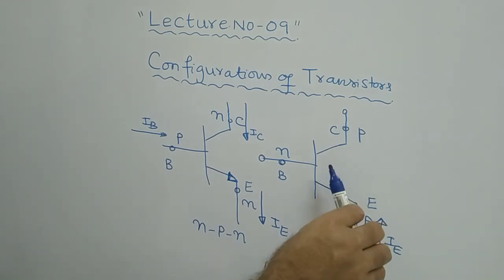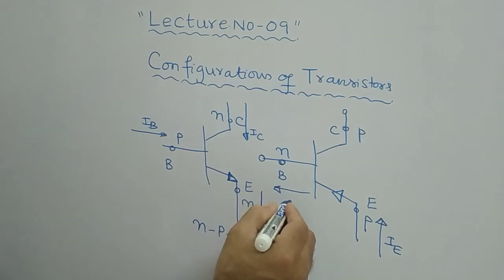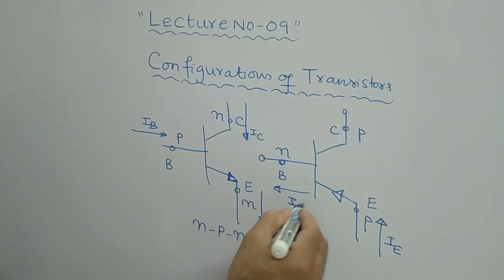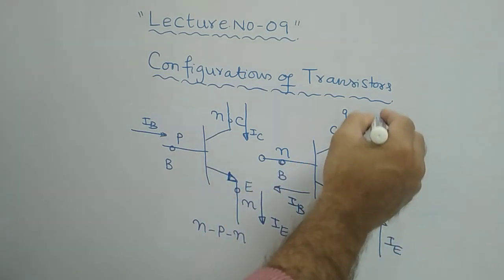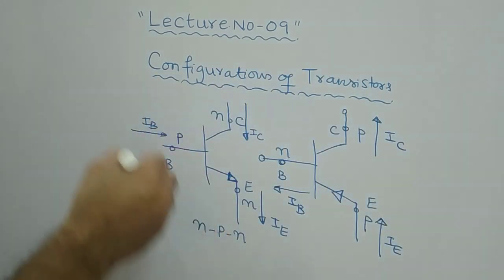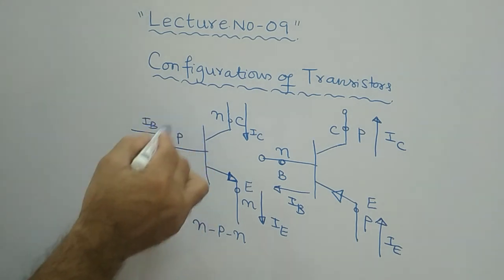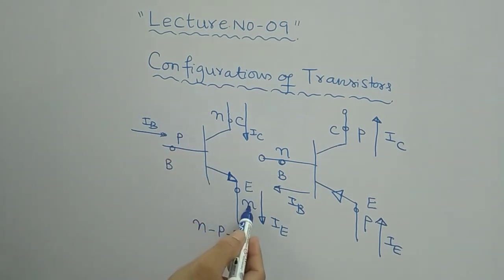It is going to the node, therefore the base current goes like this, and the collector current goes in the upward direction. These are the basic electrical representations of a transistor or BJT, the NPN and the PNP.